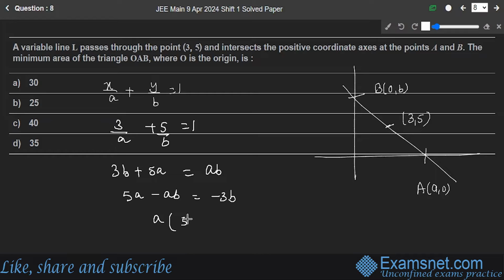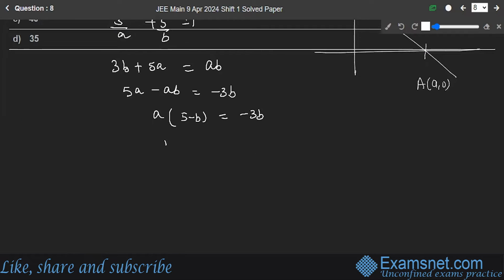Taking a common, 5 minus b, you have a as minus 3b upon 5 minus b. I can write it like this, 3b upon b minus 5.